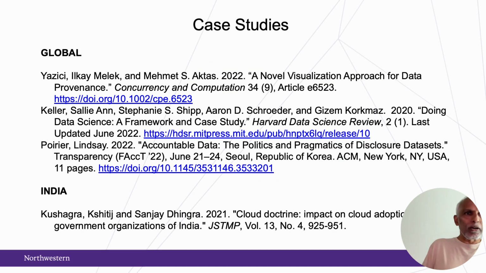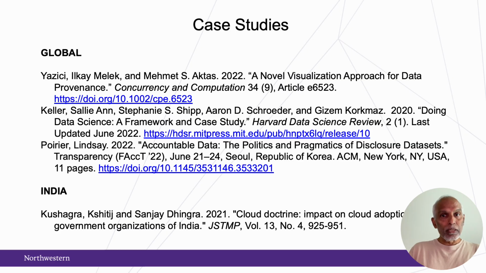The case studies are: there are 3 global case studies and one specifically referring to India. A Novel Visualization Approach for Data Provenance, Concurrency and Computation journal, published in 2022 by Malak Yaziki and Actus Mehmet.